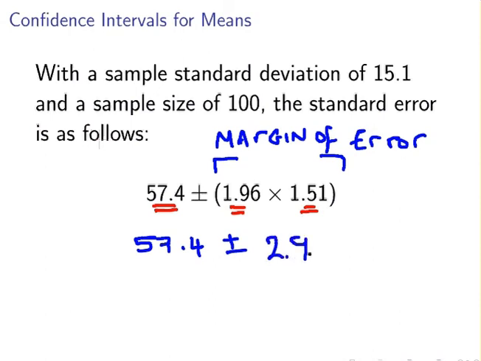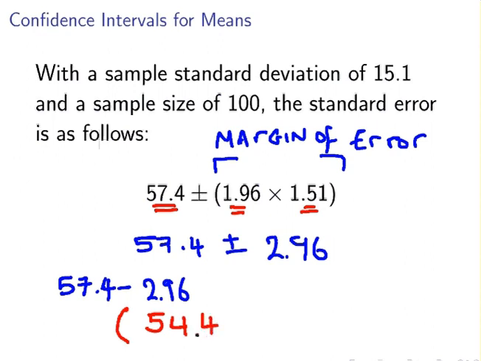The lower bound is 57.4 minus 2.96. So the lower bound of the confidence interval is going to be 54.44. The upper bound of the confidence interval is 57.4 plus 2.96.